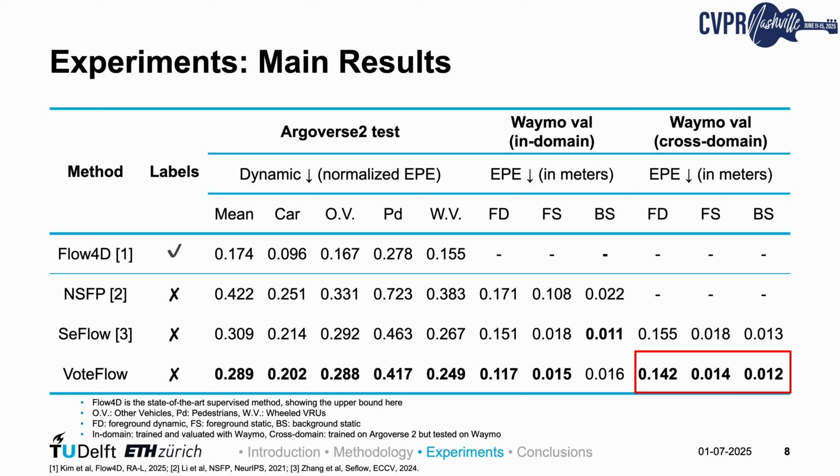Even without domain adaptation, VoteFlow generalizes much better than other self-supervised methods. Moreover, VoteFlow runs in real time with around 40 FPS on an A100 GPU. Therefore, by embedding the rigidity motion as an inductive bias, VoteFlow achieves state-of-the-art performance and superior cross-domain robustness.